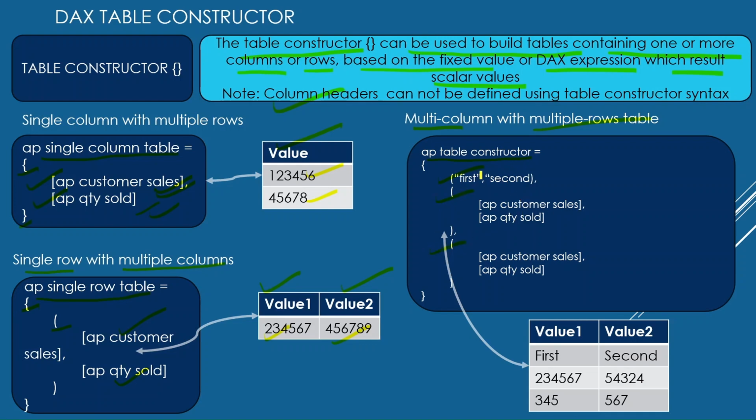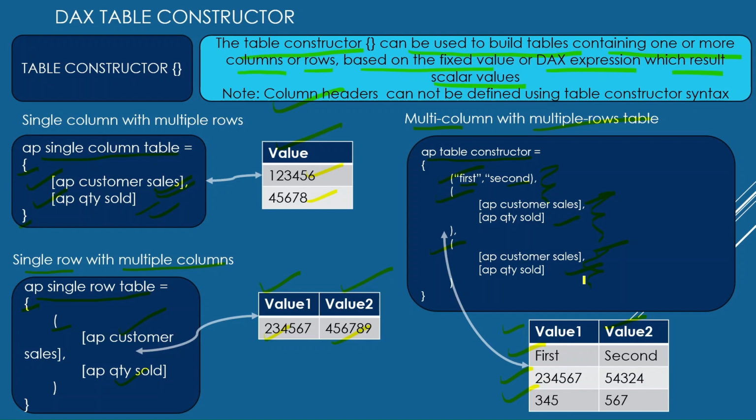The first row is populated with the help of a fixed value. The second and third rows are populated with the help of measures, and those measures are going to return a scalar value. This is the output. This is column 1 and this is column 2, and these are the three rows which get generated, which are coming from here, here and here.